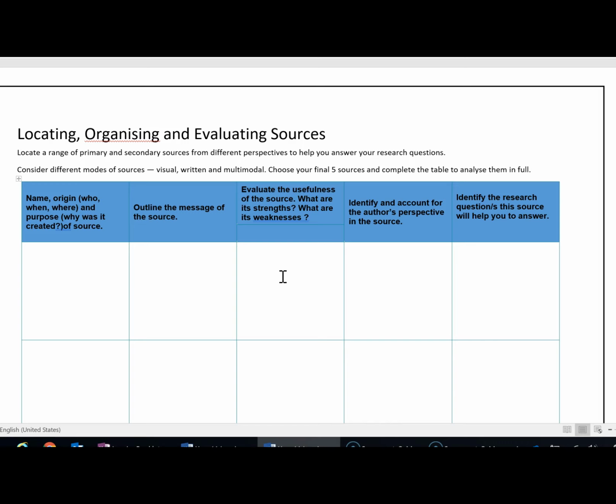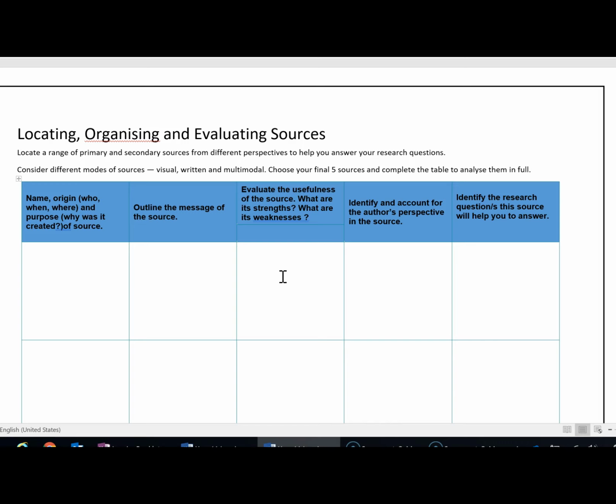So one of the strengths that we might have, if J.D. Rockefeller has written his own autobiography, is that we're getting his perspective. That's a great strength. We can work out his motivation, but the weakness is also in there as well. The weakness is that it's his story. He can edit it how he likes.